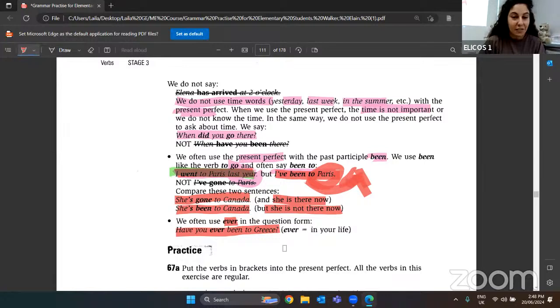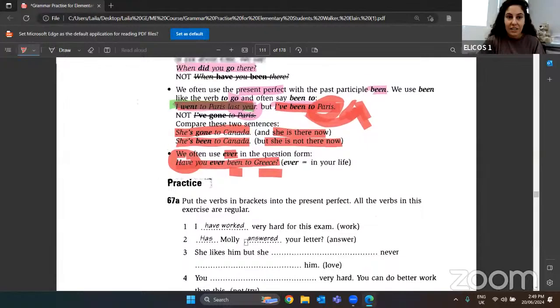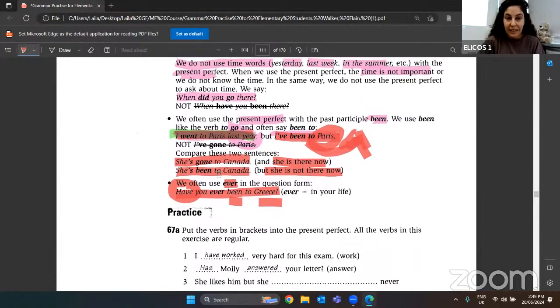So we could see the verb to have. We could see it's the present perfect. It's got the been, and it's about a place or an experience. She's been to Canada. It's present perfect. She's gone to Canada.